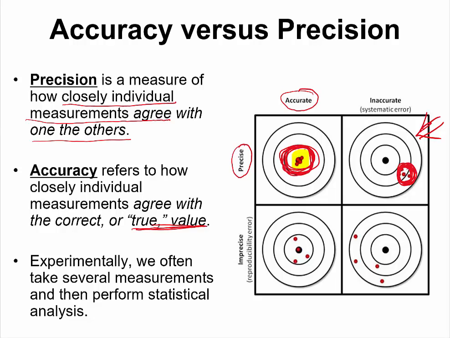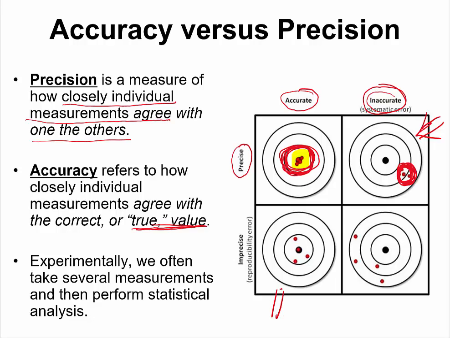However, they are not accurate. They missed the target. We do not want to have that type of issue in a chemistry lab, where we make measurements and they all agree with one another, but they are far off from the true value.